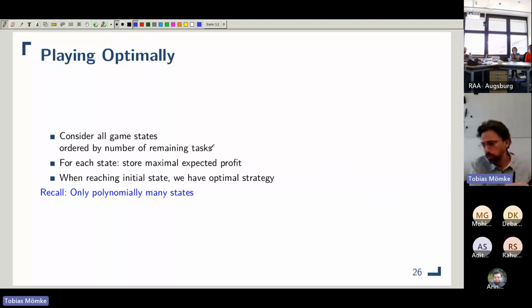Then you can go through the choices that we have from a state, selecting or not selecting the next task. We know all subsequent states and all profits of that. And then we have a probability distribution. We select the task and then we get a certain profit with a certain probability, or we do not select the task, then we get another profit with a certain probability. And therefore, we get values for all states. And in the end, we have an initial state for which we have the optimal profit. So with that, we can play the game optimally. We have a fixed decision for every possible state in the game.